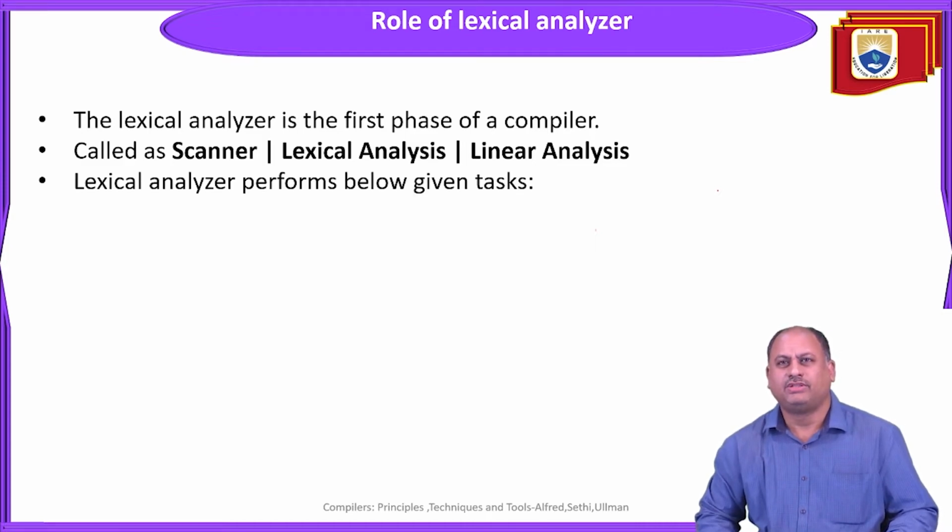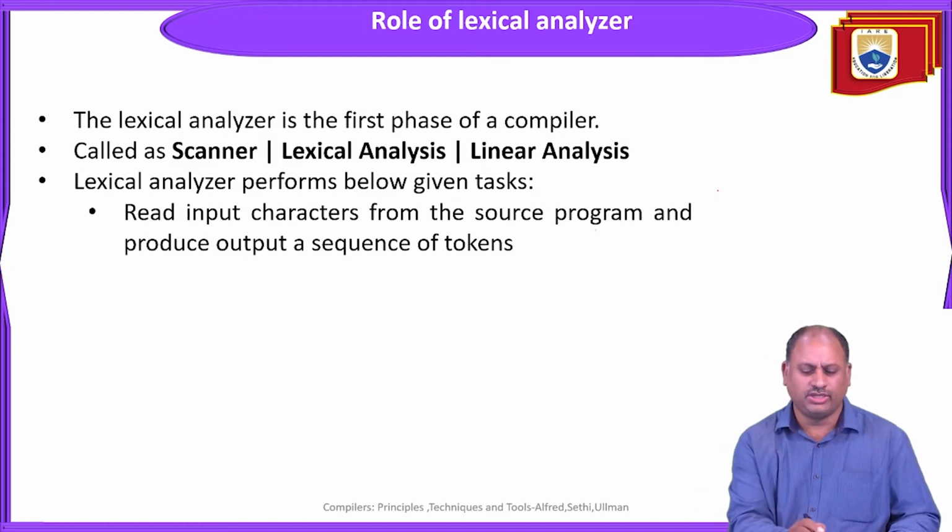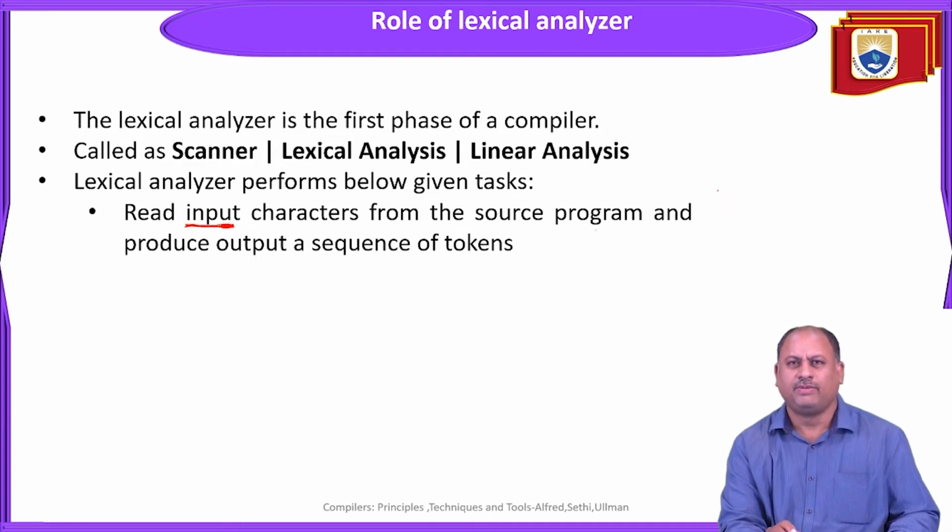Some tasks can be performed here. The first task is that the source program given to the compiler is read character by character, and then the tokens are delivered. Previously we discussed the input given to the lexical analyzer: it is the source program, which contains a set of instructions in English-like statements, user written language such as C, C++, Java.